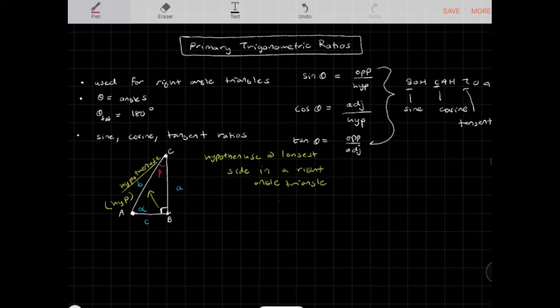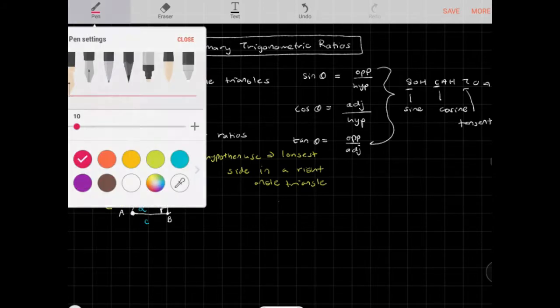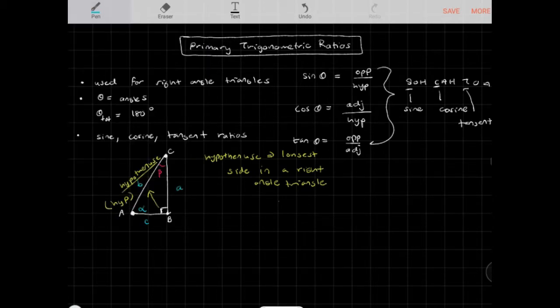Okay, so this is beta, this is alpha, right? And we can understand that angle alpha and angle beta should add up to 90 degrees. Okay, these are two complementary angles, right?